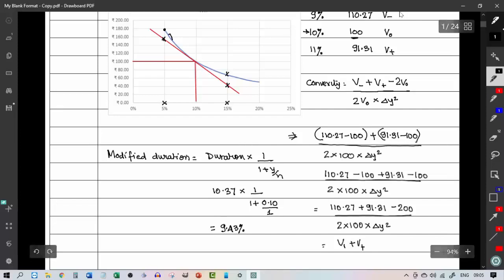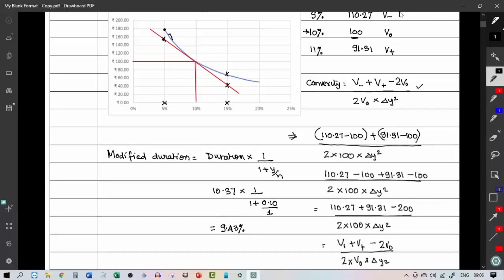Minus 200, now minus 200 is nothing but minus 2 into V0. Whole thing upon 2 into 100 is V0 into delta y square. Now you notice that is nothing but this formula. Okay, so this is how we measure convexity.